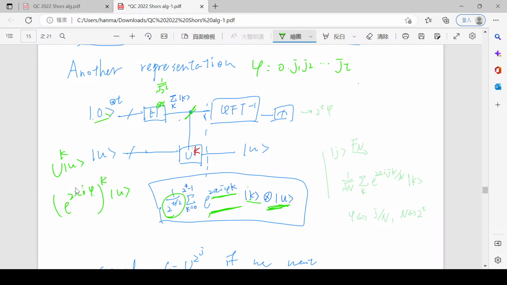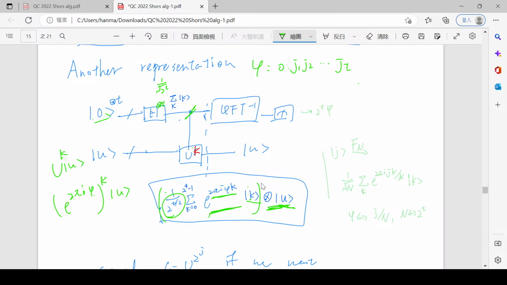Because going back to the phase kickback logic, you see this u is just tensored with everything else, because all the summation is just on k. So you see the state is actually this thing tensor u. And if you look carefully, this is very much like what you get from the Fourier transform.